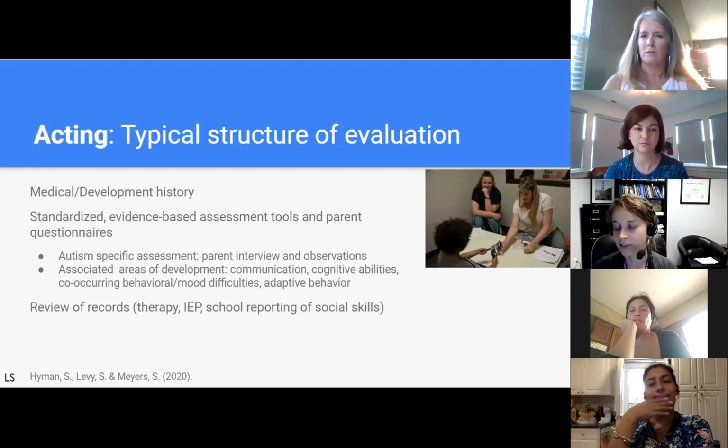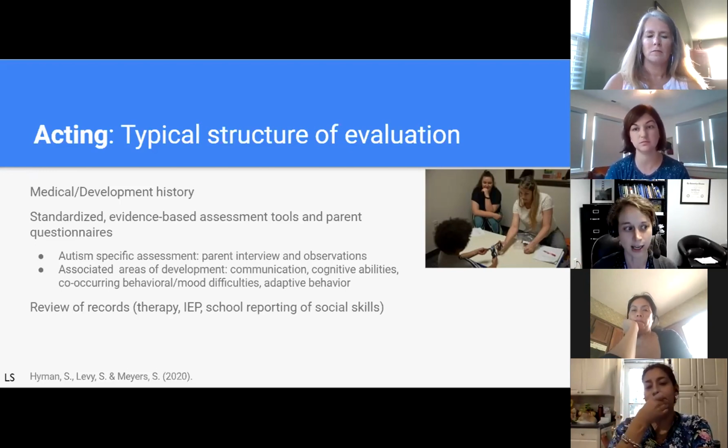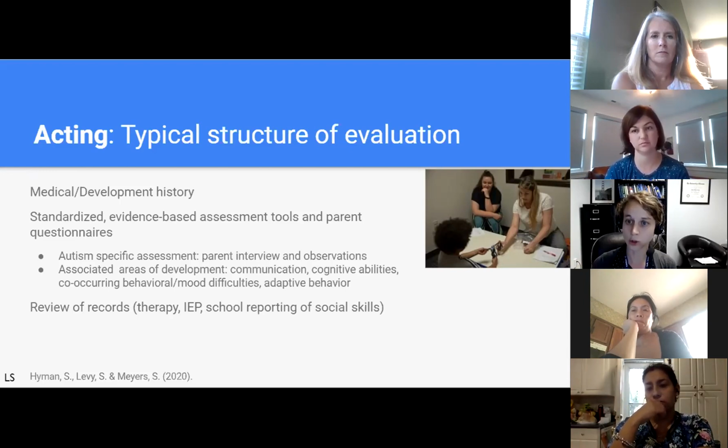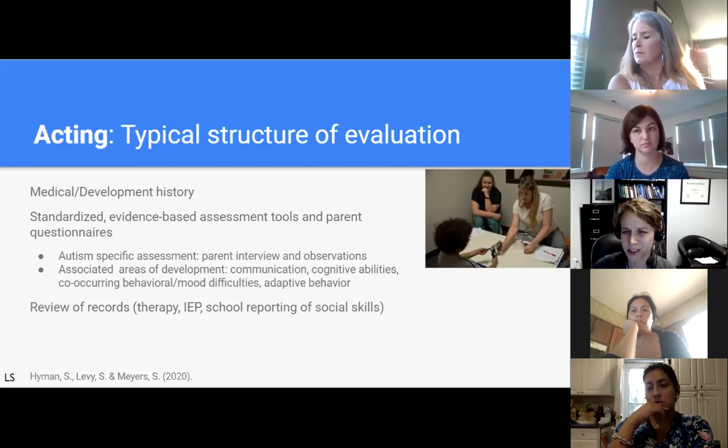The next part of the evaluation that's important to consider is that we have to make sure we're using standardized and evidence-based assessment tools and parent questionnaires. That way we know from provider to provider that we're all using the same criteria to determine whether someone's truly showing some of these characteristics of autism. Some aspects of autism can be really hard to define at times, like social reciprocity.